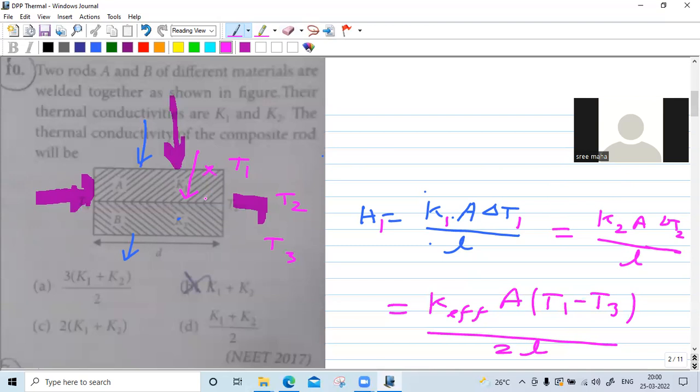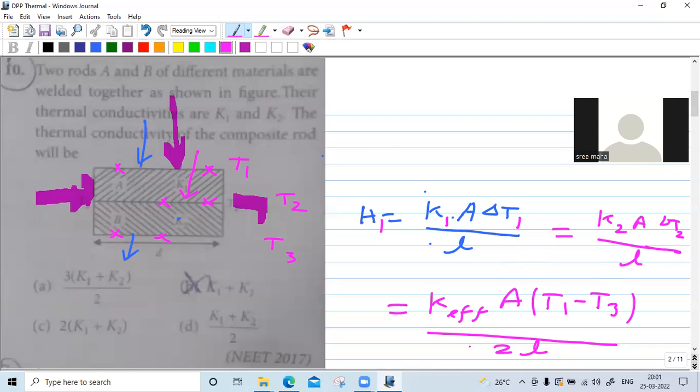Using these 2 points, the temperature difference is say delta T1, and the conductivity between these 2 points is K1, so the heat current is K1 A delta T1 by L. Similarly between these 2 points, the temperature difference is delta T2, so it's K2 A delta T2 by L. And if you consider these 2 points, there will be some K effective.